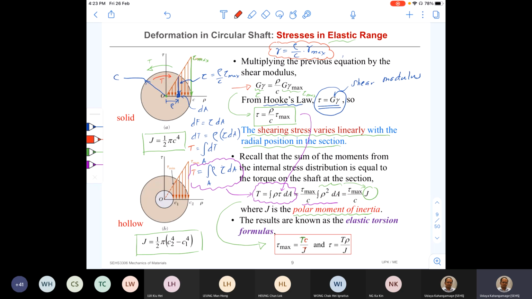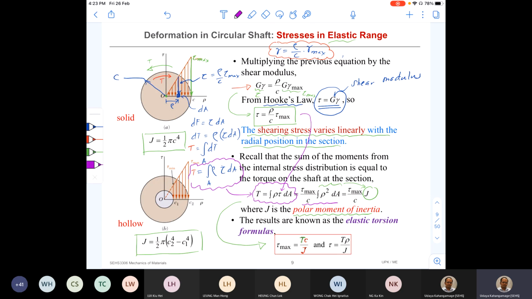J is also a geometrical property, the polar moment of inertia. So if you know the polar moment of inertia for the given cross section, and the maximum radius of the member, then knowing the internal torque, we should be able to find the shear stress.